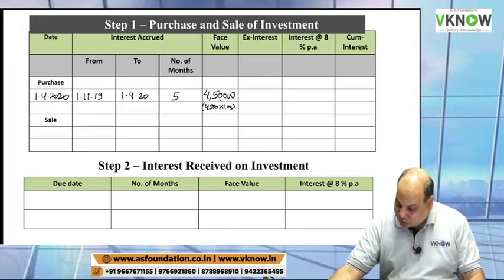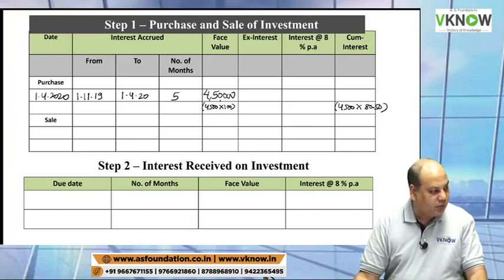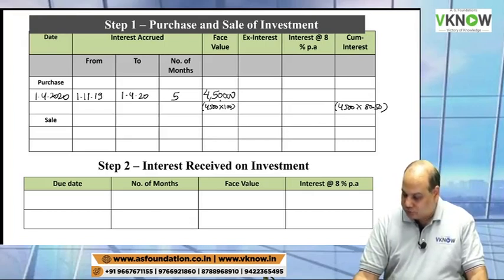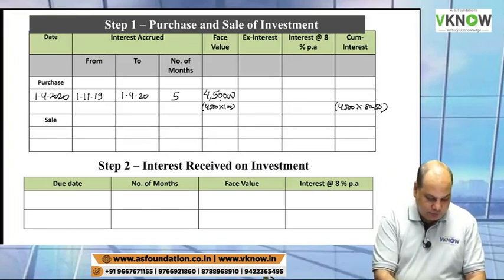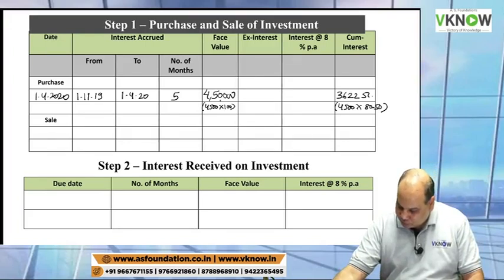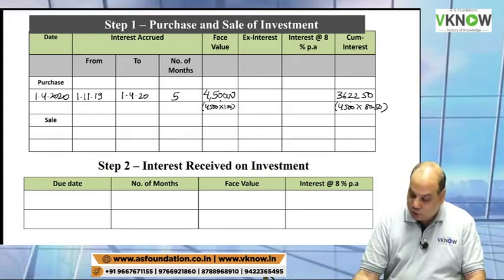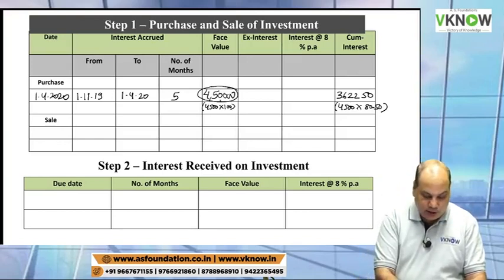So in the last column, 4500 into 80.50. Multiply. Please tell me 4500 into 80.50. 362250. Right? And then you calculate interest on 4,50,000 at 8% for 5 months.